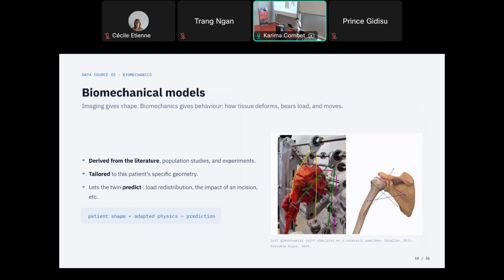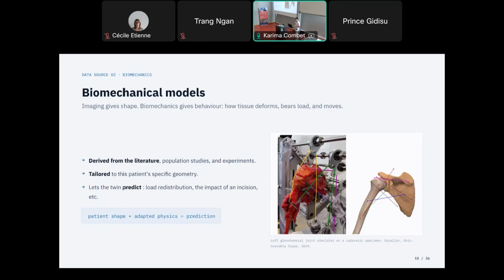The second data stream is biomechanics. Where imaging tells us the shape, biomechanics tells us about the behavior: how the anatomy responds to force or deformation, and so on. Formally, this is a mathematical or computational representation of how tissue, bones, and joints deform, bear load, or move.